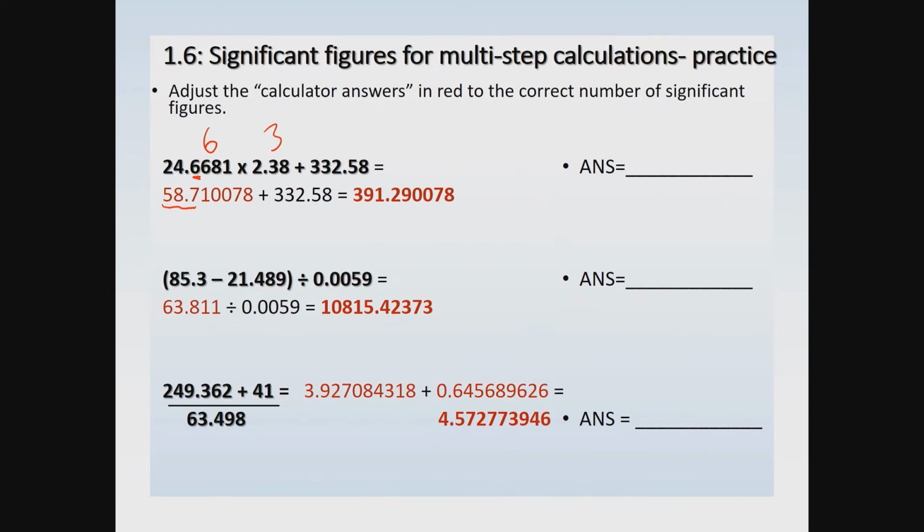That full number will be in your calculator, and then next you'll add 332.58, and you'll get that final answer of 391.290078. That will be in your calculator. So the question is, what is the answer in the correct number of significant figures? This is what you do.